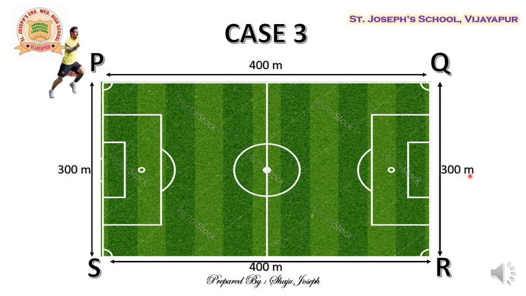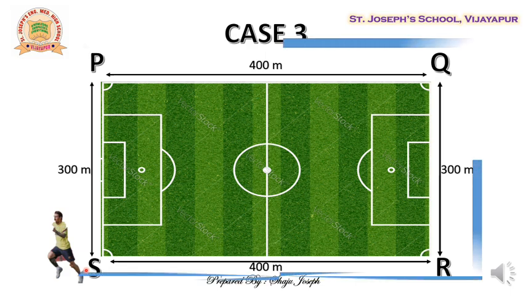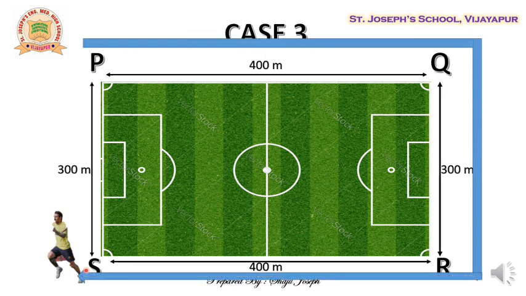This time, the player runs from P to Q, from Q to R, and from R to S. So the starting point being P, it travels to Q, that is 400 plus 300, that is 700, plus 400, that is 1100 meters he covers. But what we will be looking at is the difference between distance traveled and displacement.